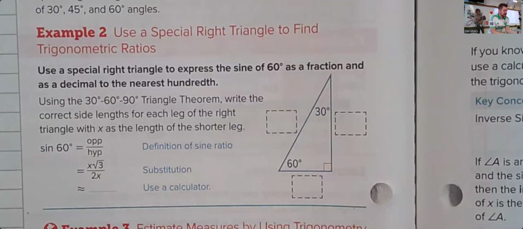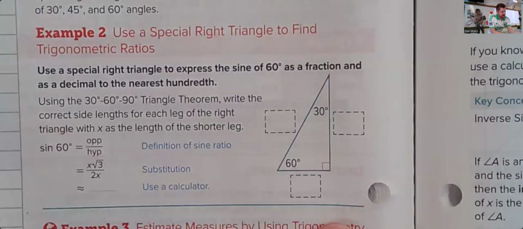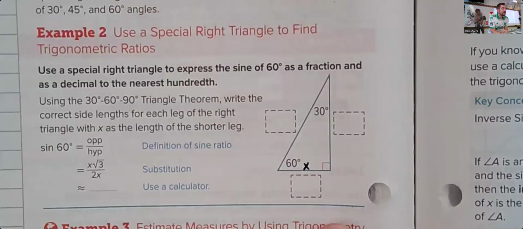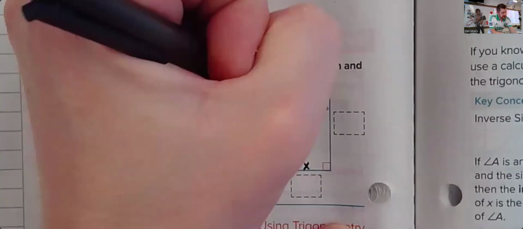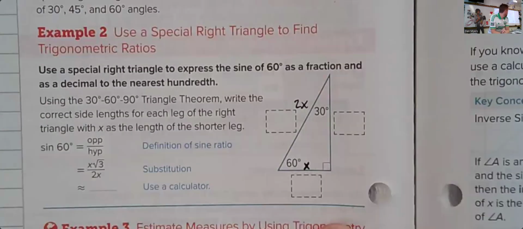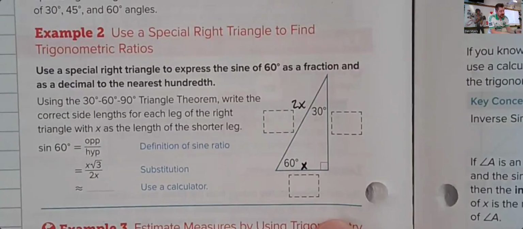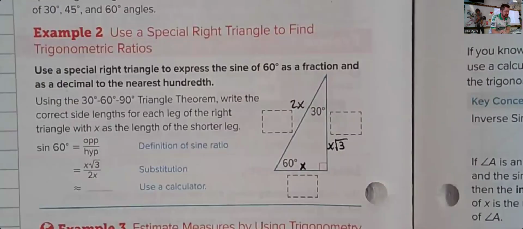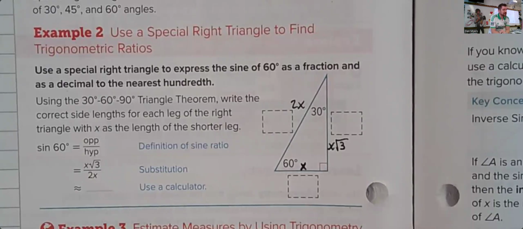So if the shortest side is x, then the hypotenuse is going to be 2x, which means that the long leg is going to be x times the square root of 3. I'm not going to put those in the dotted lines.